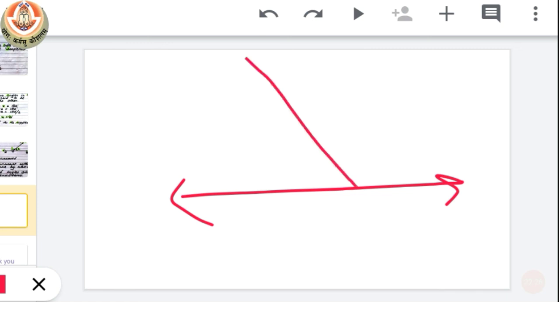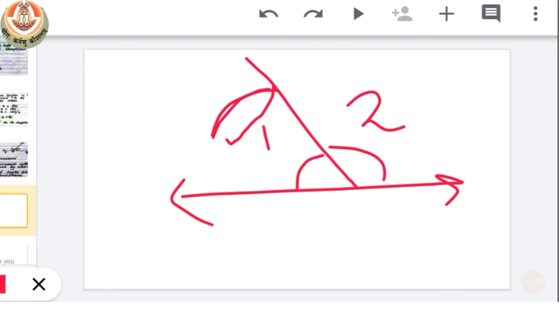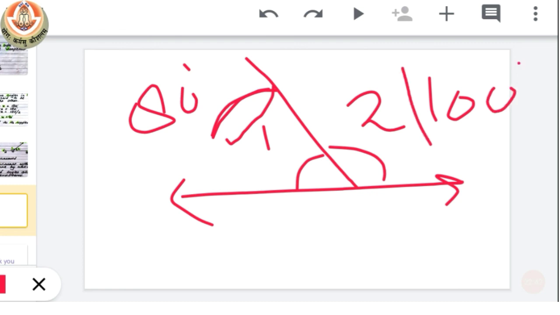We can see here that we have a situation where there are two angles, angle 1 and angle 2, and they are making supplementary angles. So when we decrease angle 1, suppose it is 100 degrees right now and angle 2 is 80 degrees. When we decrease angle 1 by 10 degrees, it will become 90 degrees.